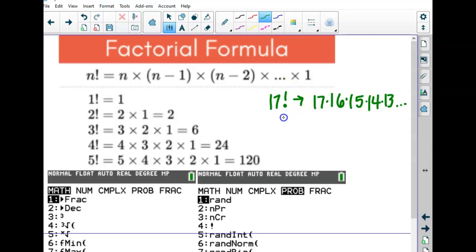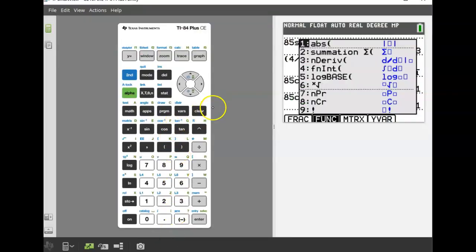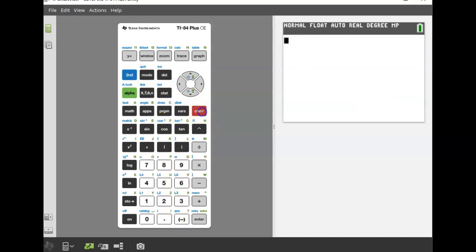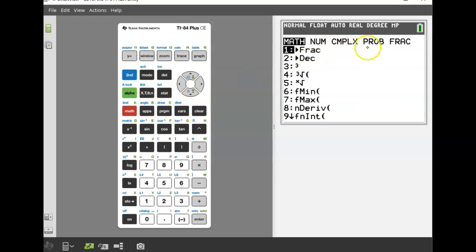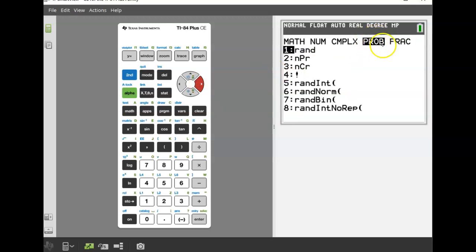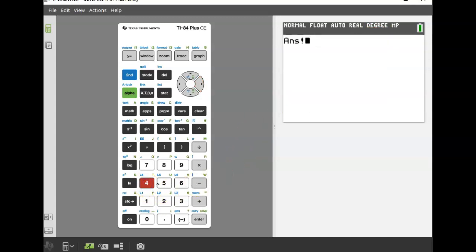I don't know if our calculator will do that. Let's check. Factorial is under the math button, over under probability. Scroll to the right till you get to the probability one, and then it's choice 4. We're supposed to put the number 17 in first.